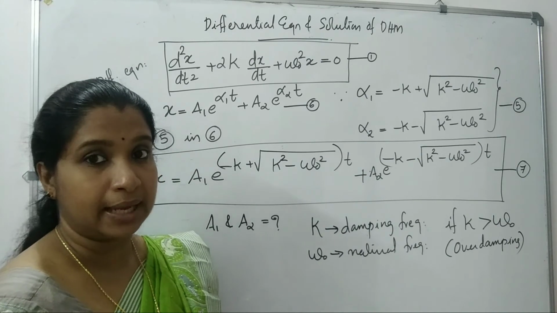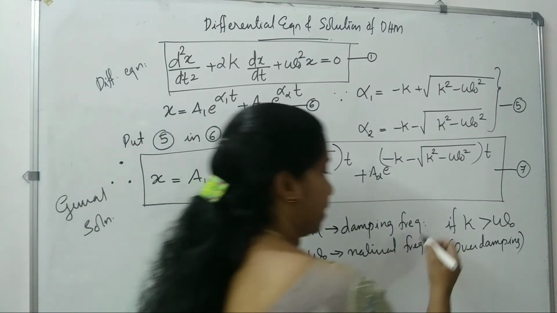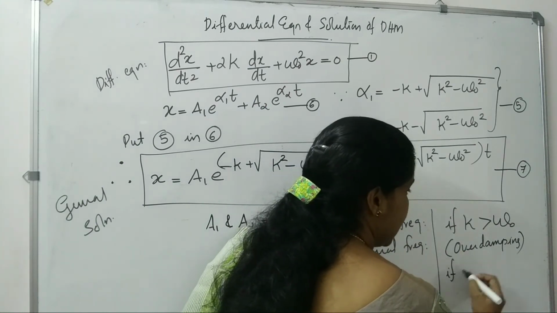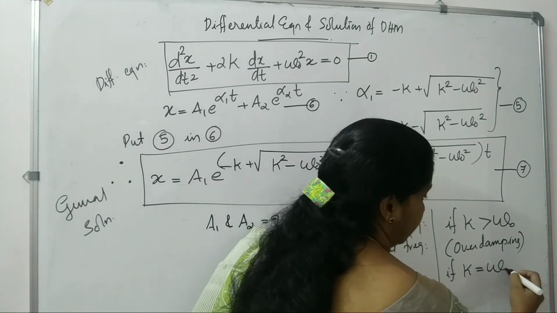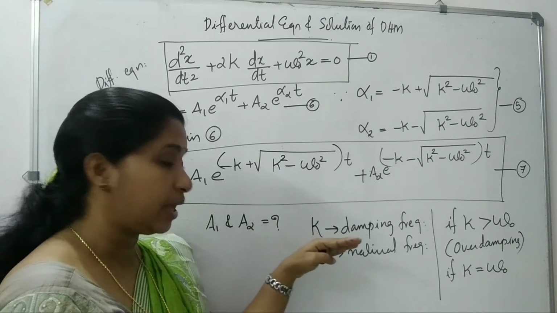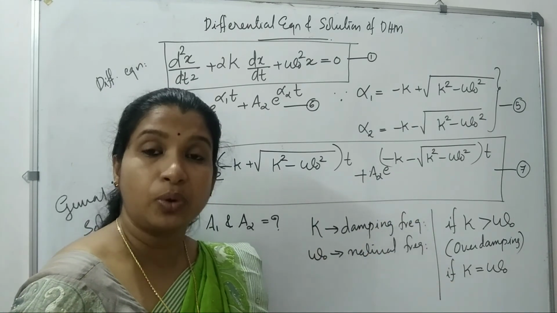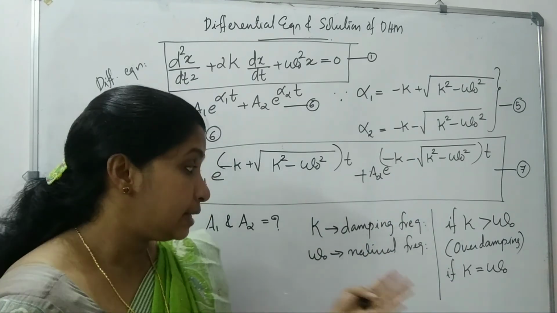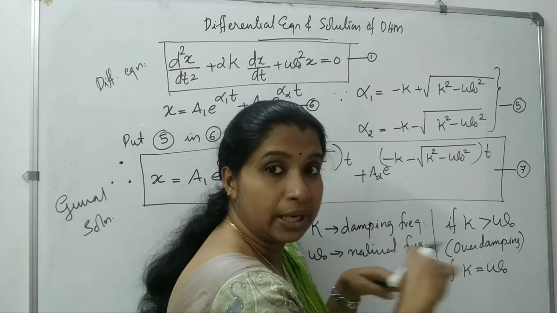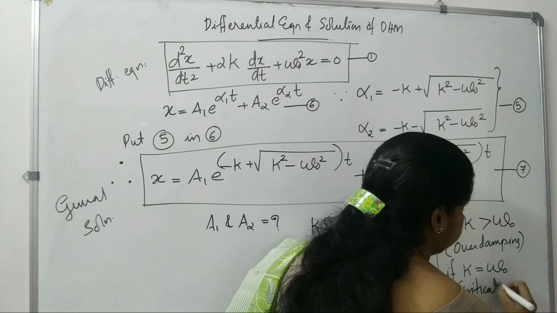Then the second case. What is the second case? Damping frequency equal to natural frequency. If k equal to omega 0, two frequencies become equal. In that condition, body moves in another way. Both are equal, so we call it critical damping.